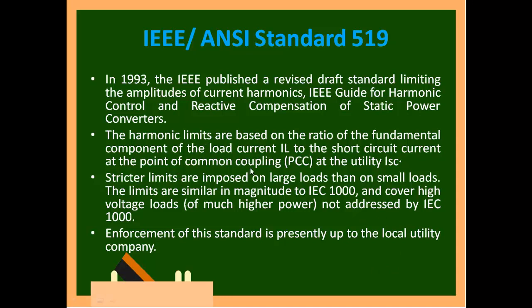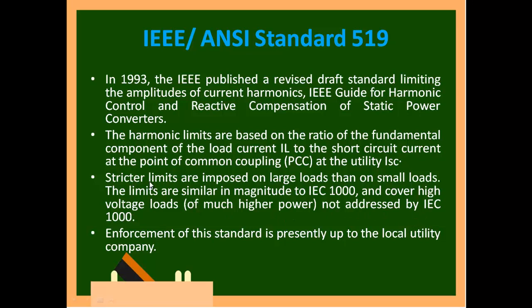It is the point of common coupling, which is nothing but the grid. From your home, from the next home, everything put together comes and falls on a grid, and we call that the point of common coupling. Stricter limits are imposed on large loads than small loads. These limits are smaller in magnitude than IEC, and cover high voltage loads that are not addressed by IEC 61000.